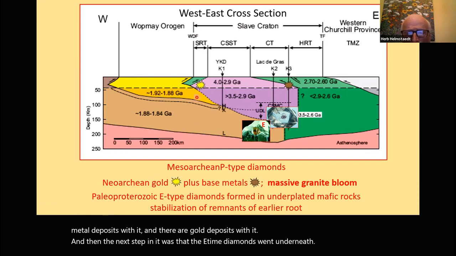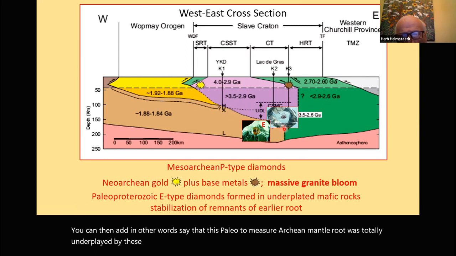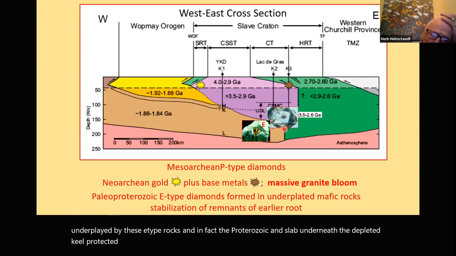And you can then, in other words, say that this Paleo to Mesoarchean mantle root was actually totally underplated by these E-type rocks. And in fact, the Proterozoic slab underneath the depleted keel protected that keel from being eroded thermally or tectonically further.